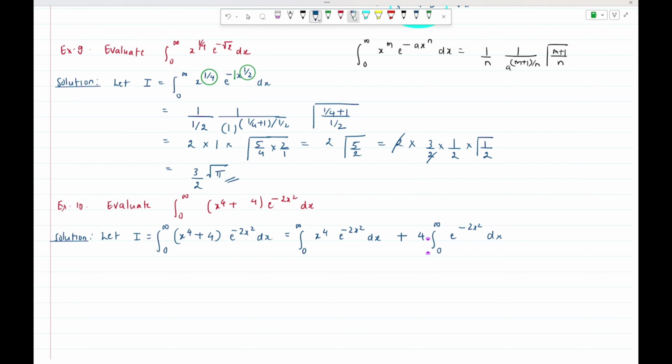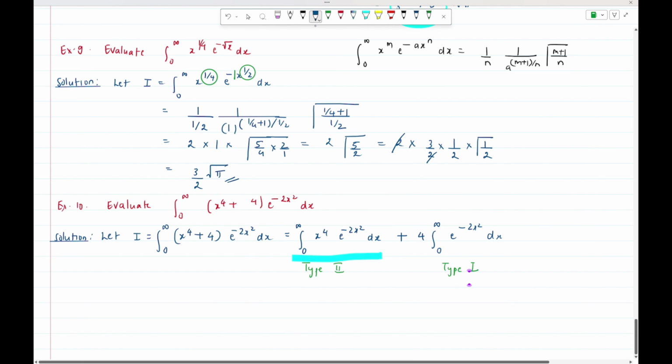So as you can see, the first integral is a type 2 integral, while the second integral is a type 1 integral. And as discussed earlier, type 1 is nothing but a corollary of type 2. So we can evaluate both the integrals using type 2. So over here, let us first specify the values of a, m and n.